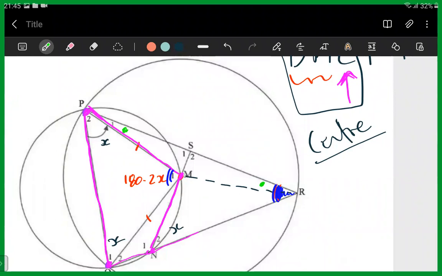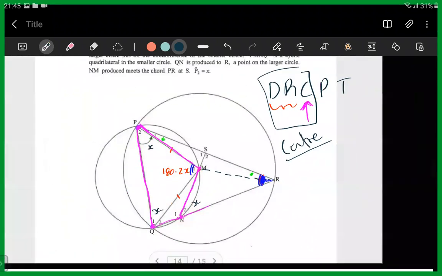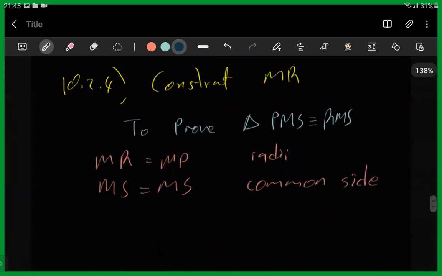Because the moment we are able to say that the angles are equal, we would have then said that the triangles are congruent. So here we can say side, angle, side. We say angle P1 is equal to angle SRM because they are base angles of an isosceles triangle.